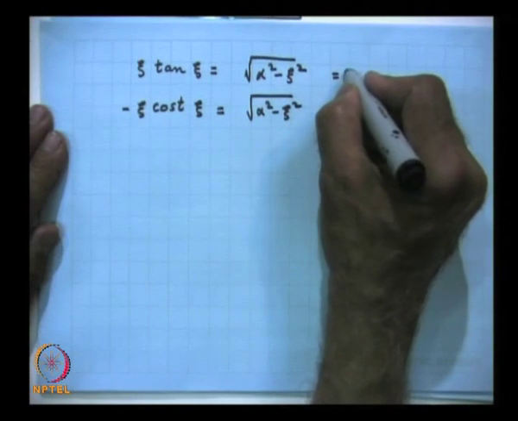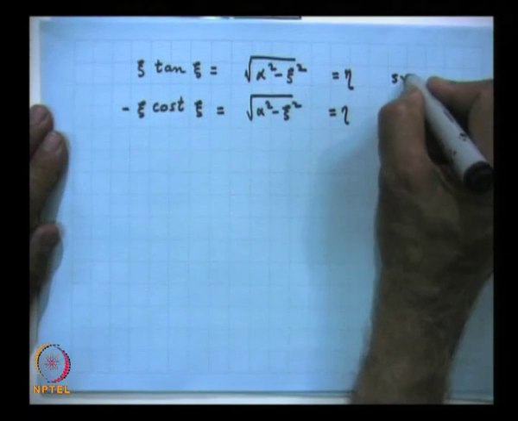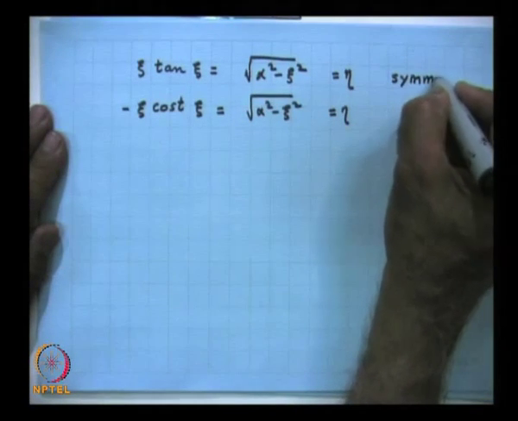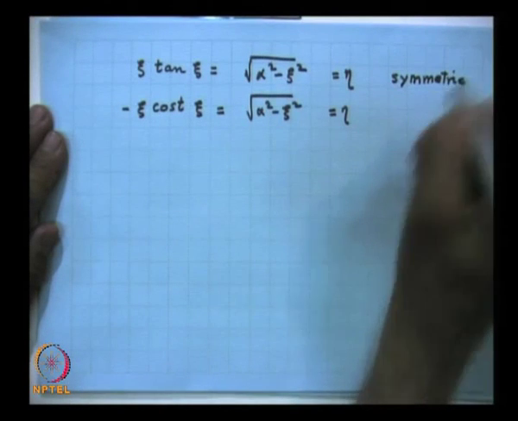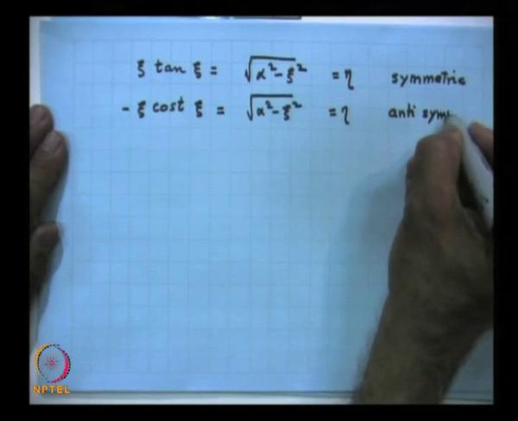So, this I put equal to eta; the first corresponds to symmetric states, and the second corresponds to anti-symmetric states.